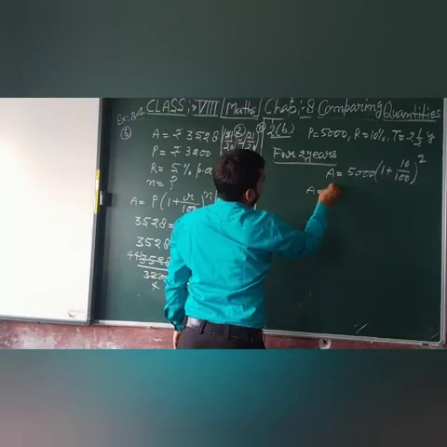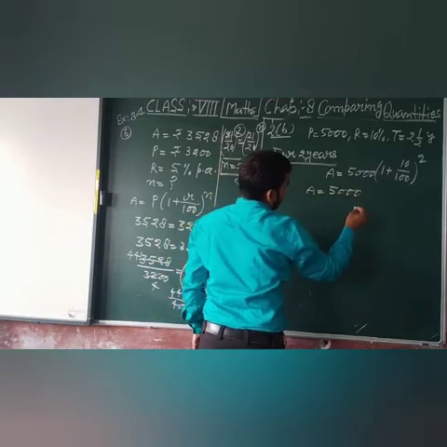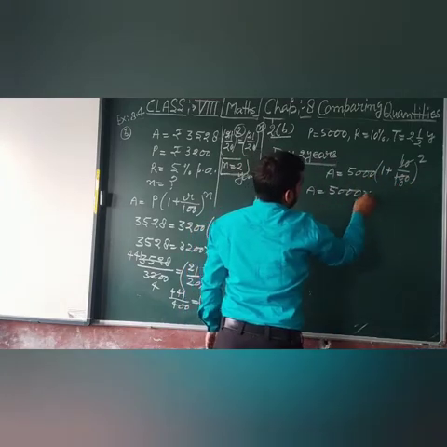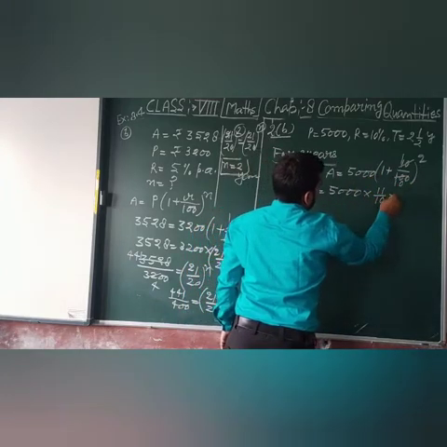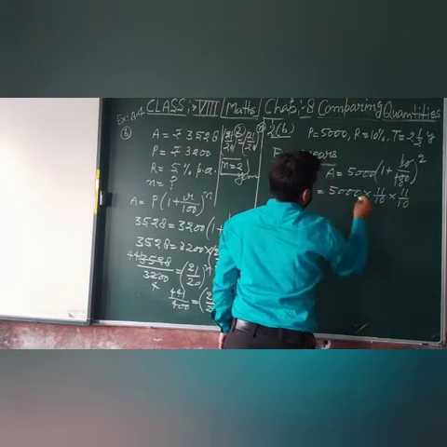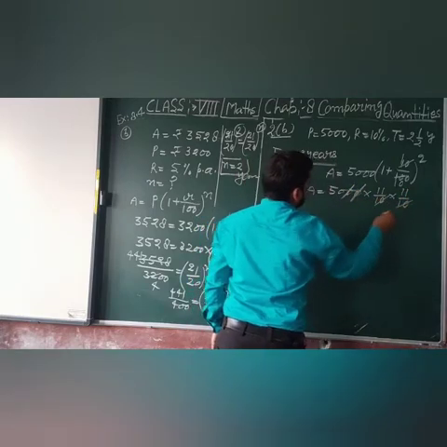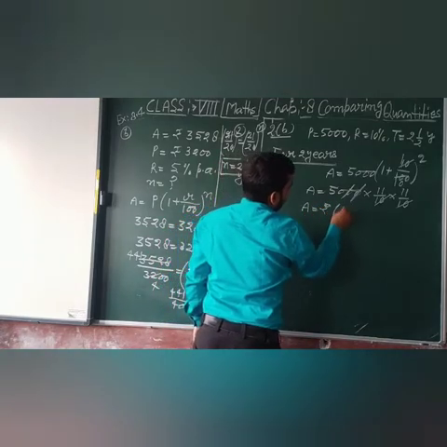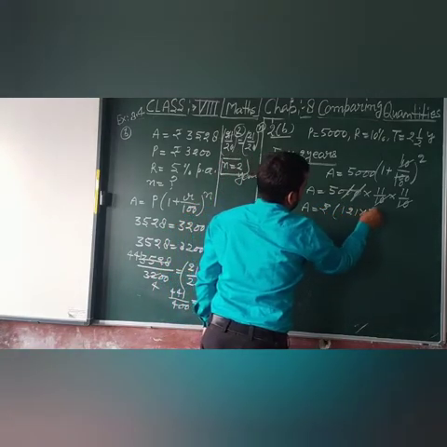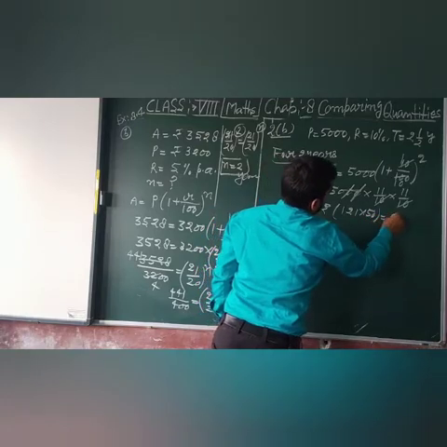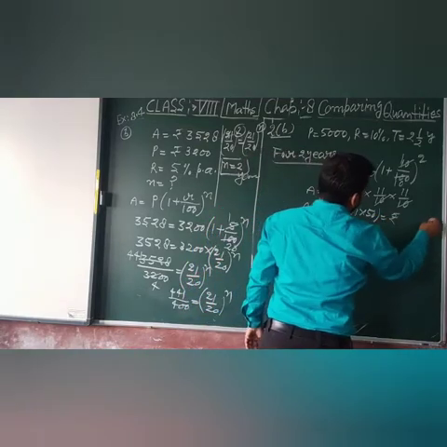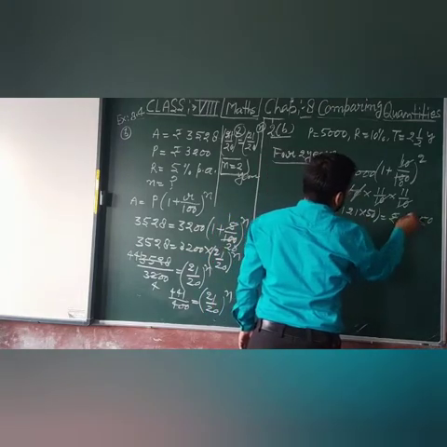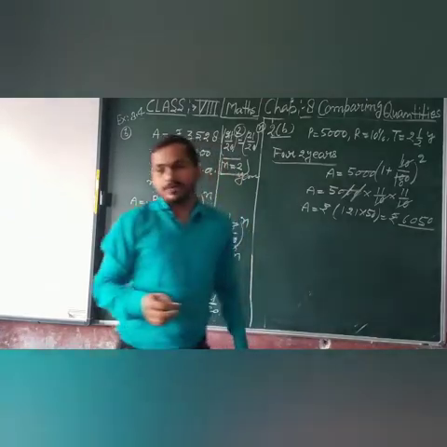So amount equals 5000 times (1 plus 10 upon 100), that is 11 upon 10 into 11 upon 10. 2 zeros cancel with 2 zeros. So amount equals 11 times 11 is 121, into 50. So we have 5 times 1 is 5, 5 times 2 is 10, 5 times 1 is 5 plus 1 is 6, 6050.